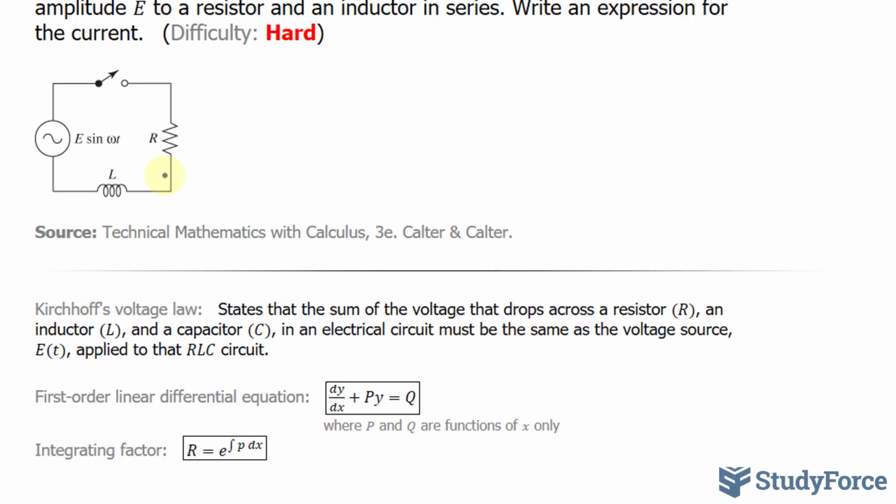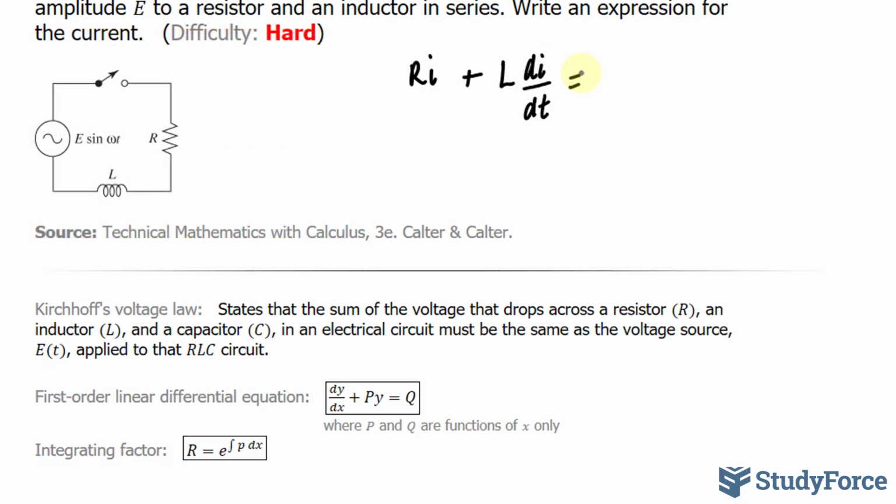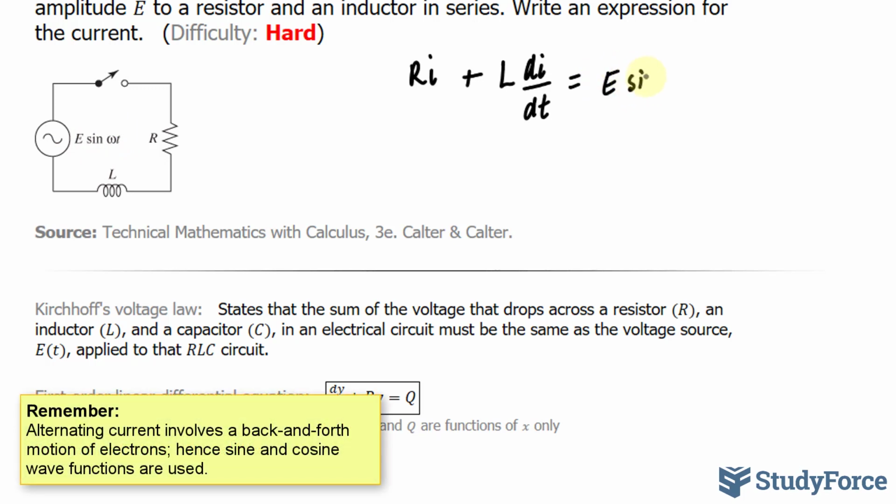That being said, the voltage across the resistor can be represented using Ohm's law as resistance times the current, so we have R times the current, and the voltage across the inductor can be represented as the inductance L times di over dt. And this is equal to our voltage source, which is represented as E times sine omega t.